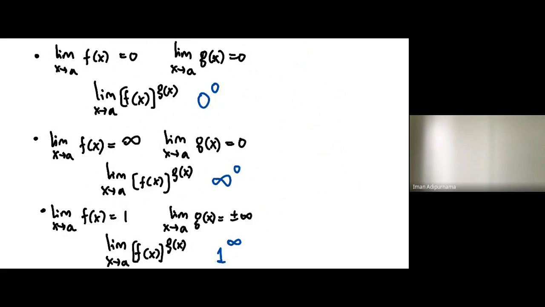So it's peculiar. And remember, what we are talking here is not the exact number. It's in terms of limit. Okay? It's in terms of limit. So for example, 1 with infinite power. If we are not talking about limit, it's 1.